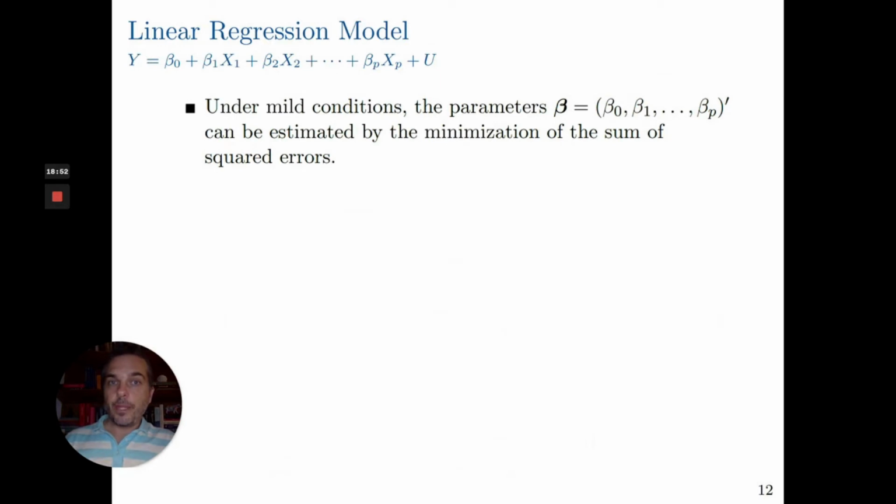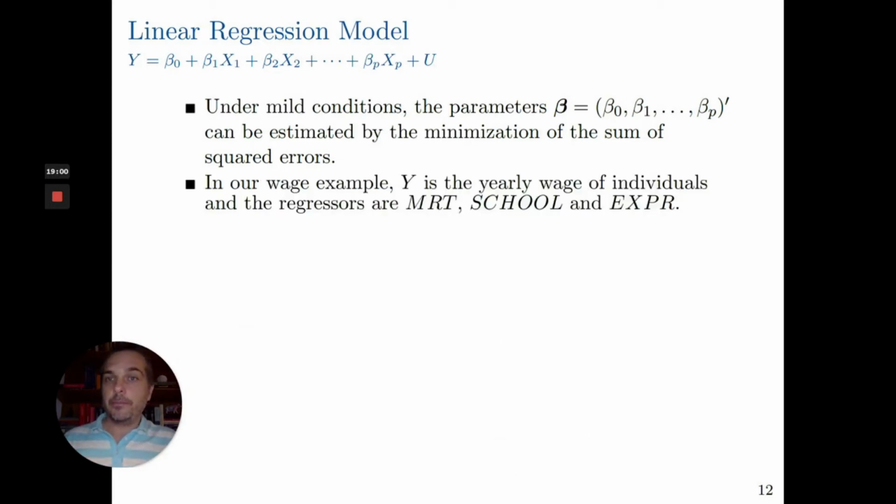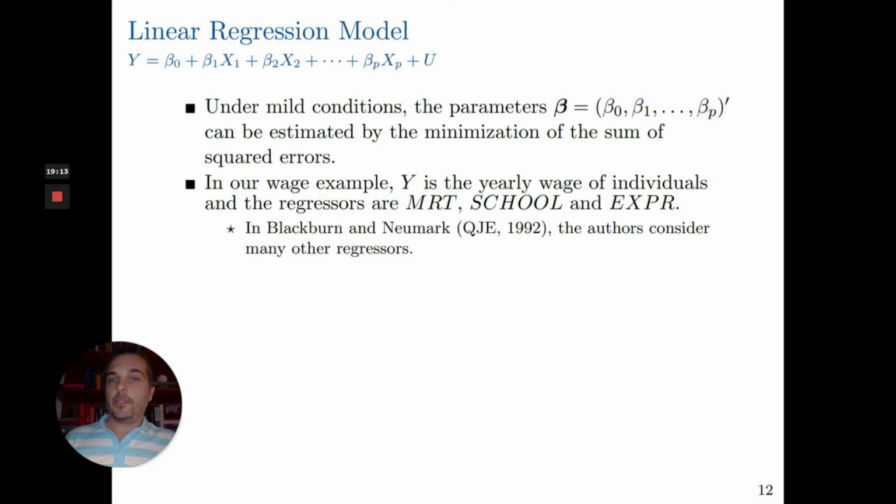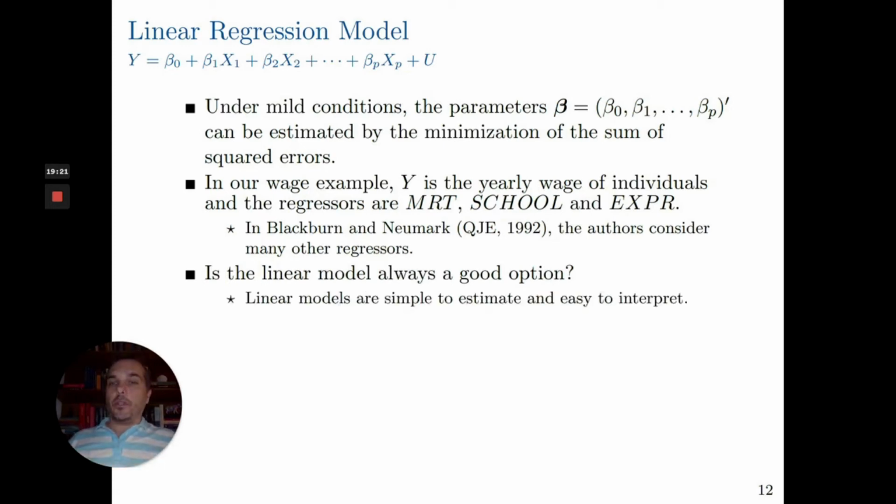Okay? So under very mild conditions, the parameters beta can be estimated by minimization of the sum of squared errors. Okay? In our example, we have MRT, school, and experience as our regressors. Y is the dependent variable, the wage. Okay? In the original paper, they consider many other regressors.